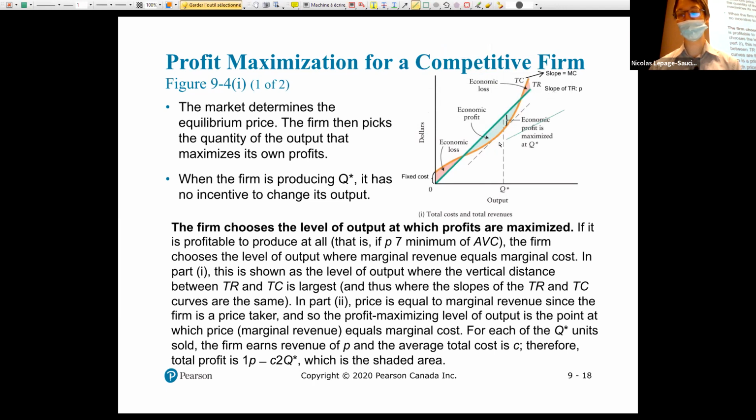If I have a different total revenue curve with a lower price, and I never hit this total cost curve, then whatever quantity I produce, total revenue would always be below the total cost. So I would never have a profit. That would be the shutdown price there. But let me not add this to the graph.